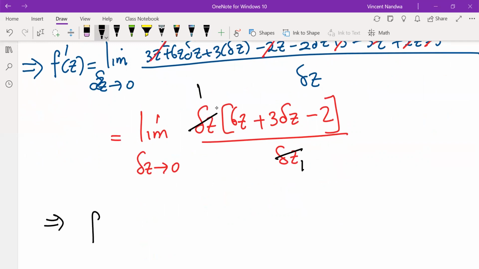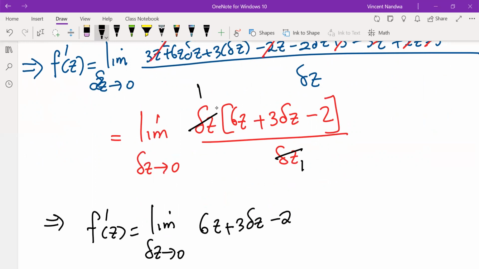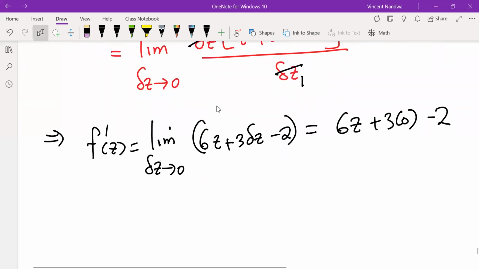So this implies f prime of z equals the limit as delta z approaches 0 of 6z plus 3 delta z minus 2. Direct substitution now gives 6z plus 3 times 0 minus 2, and this simplifies to 6z minus 2. So that is how we get the solution. Actually, the process is just the same as what you do when you're dealing with real valued functions.